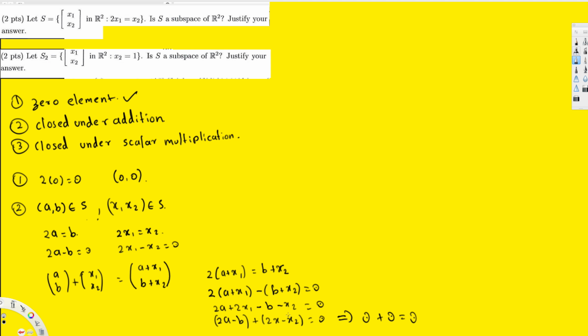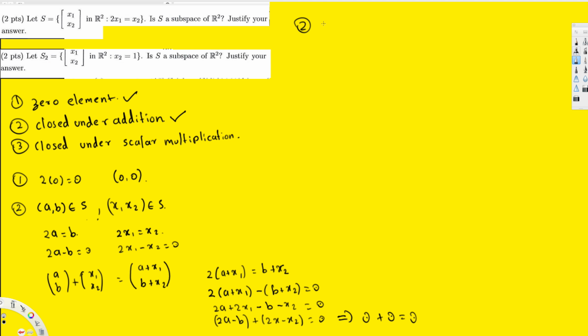So this satisfies the condition, because when you rearrange, this is giving 0, this is giving 0, and this is also giving 0. Therefore it is closed under addition.